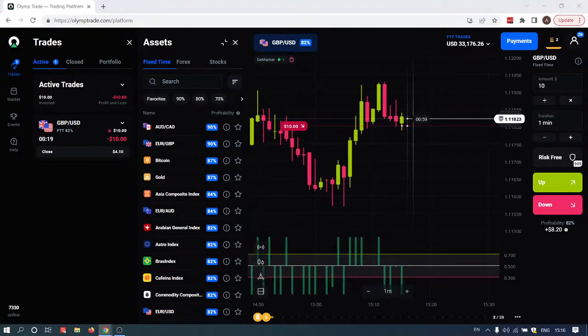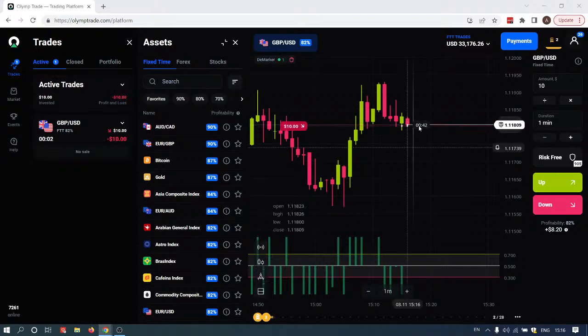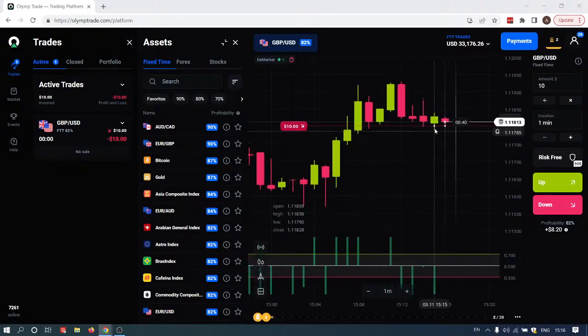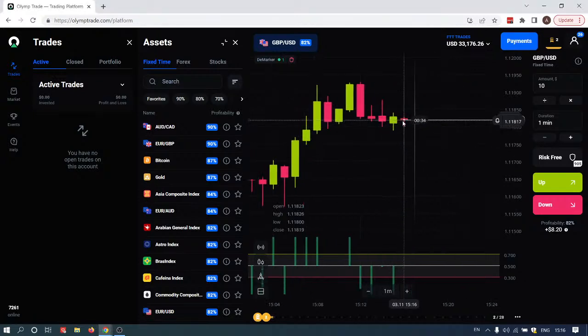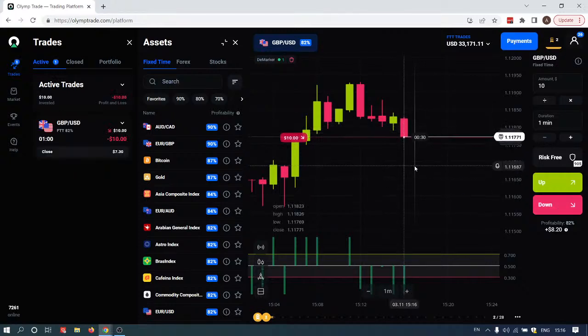How much is the success accuracy of the barcode strategy, you think? In my opinion, this strategy has around a 60% winning ratio. The problem with these short-term trades and strategies is that they kind of make you overtrade, and a lot of losses happen when you trade too much, when you overtrade.